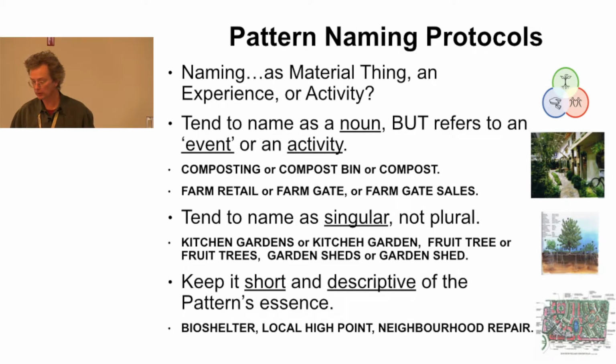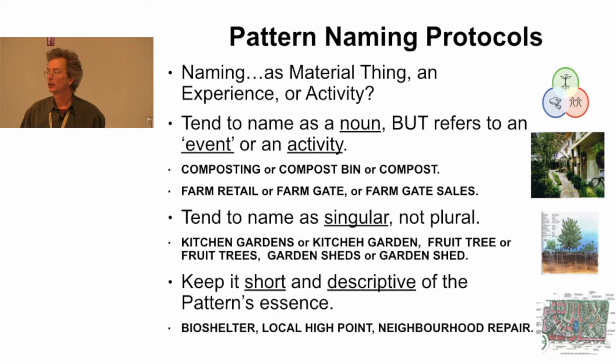There are some naming protocols. We tend to name patterns as a noun, and we tend to name them in the singular. So, let's say, for example, if we had composting, compost bin, or compost, which one would you choose? Compost.